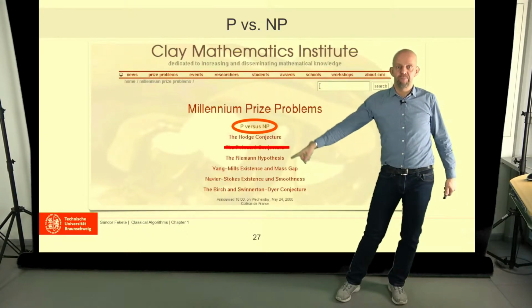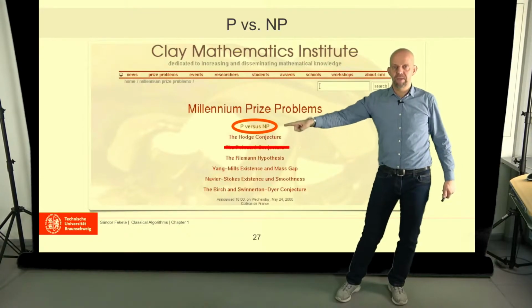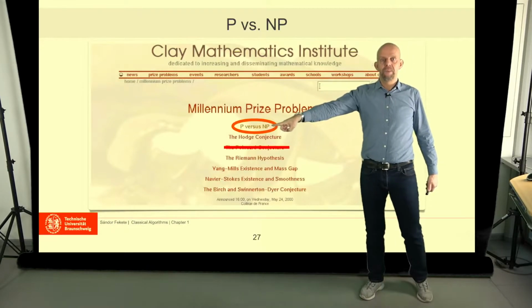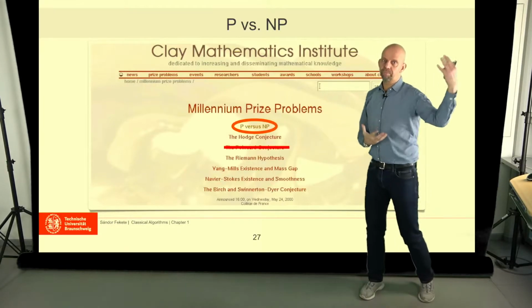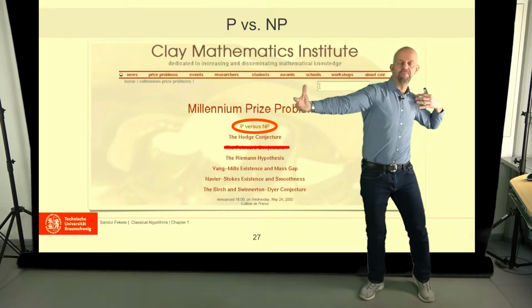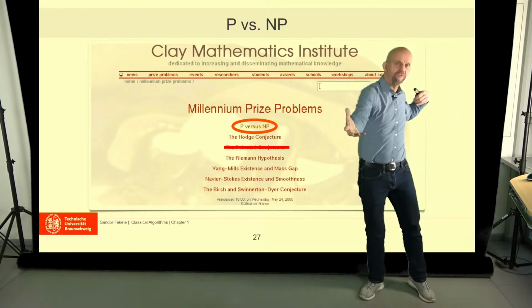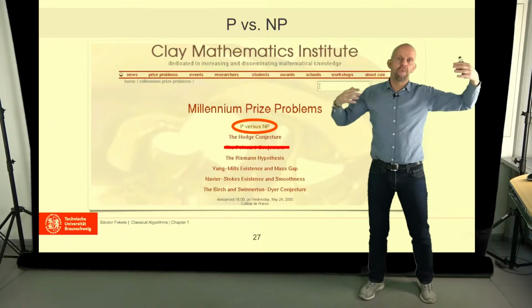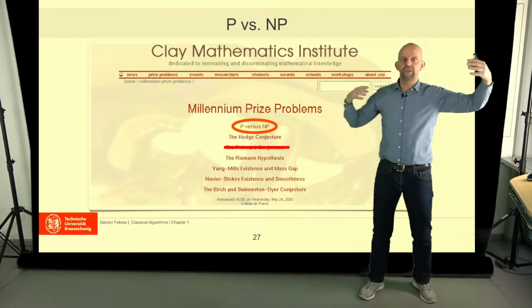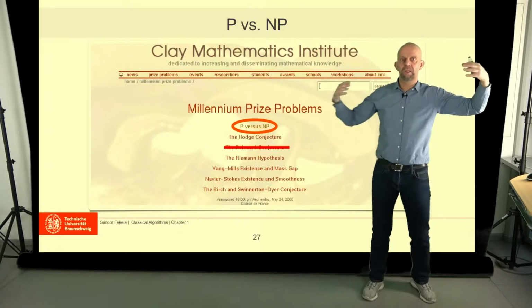And out of these 7 problems, this one is solved, so let's forget about that. But this one here is still open. And the question whether P equals NP, whether constructing a solution or merely verifying it is comparable in difficulty or not, that is open.